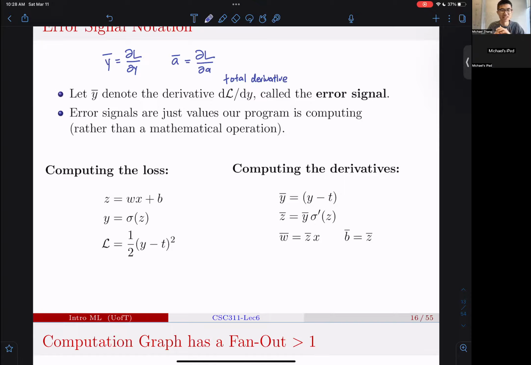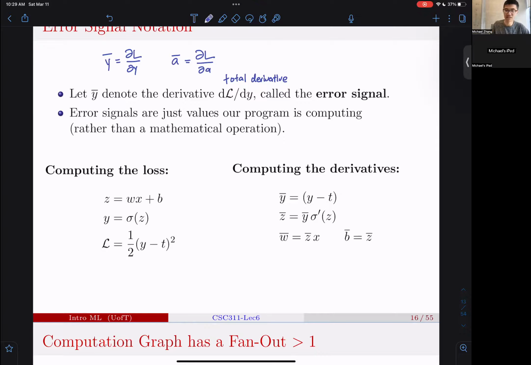It's okay if you don't understand the term. The overall conceptual thing you should have in mind is that we're trying to track the effect of a variable a throughout the entire computational graph. So a might affect the loss in multiple different ways, and our bar notation is capturing the total sum of all of these individual effects. So that's why it's called a total derivative.